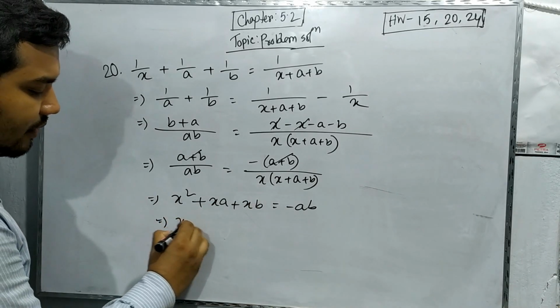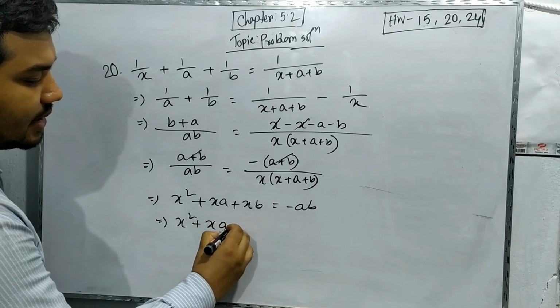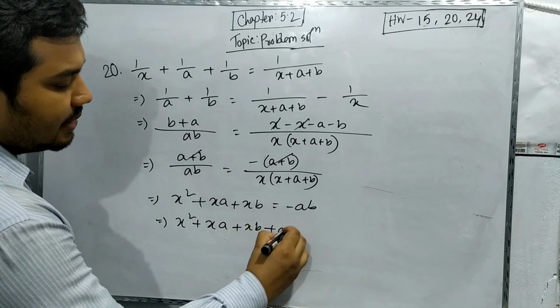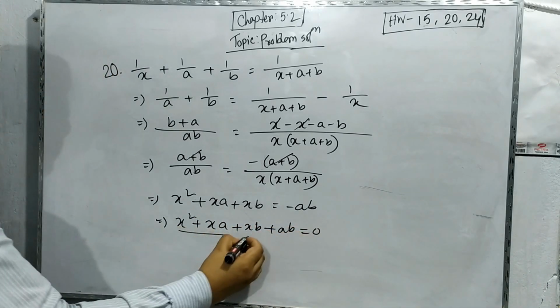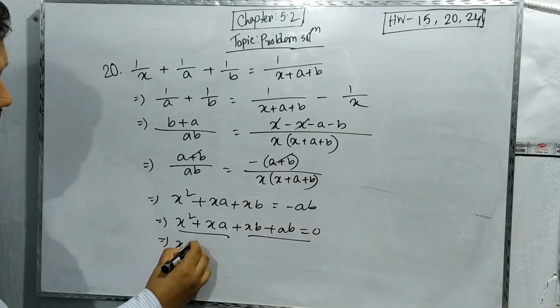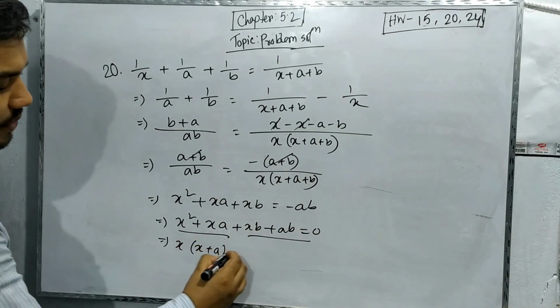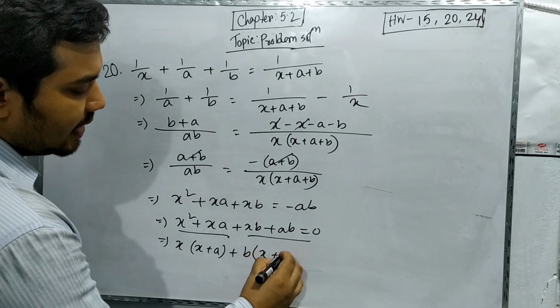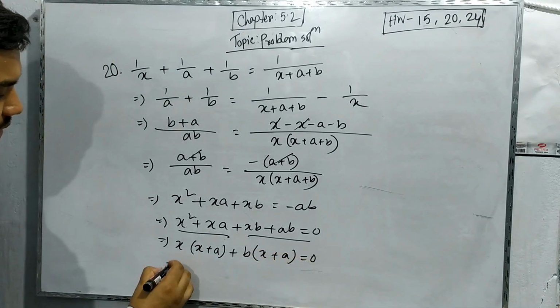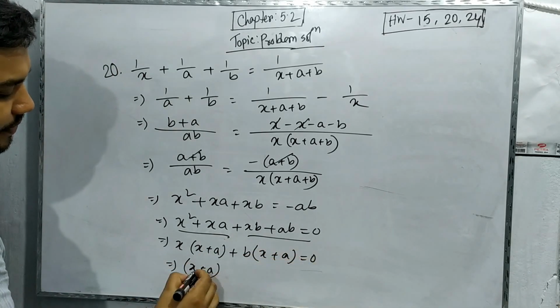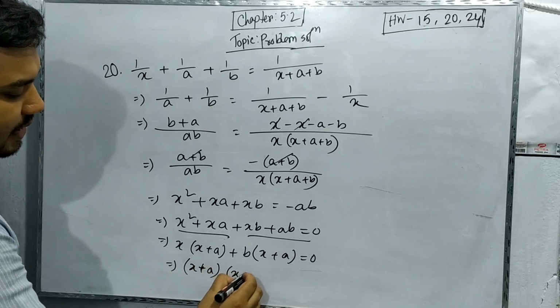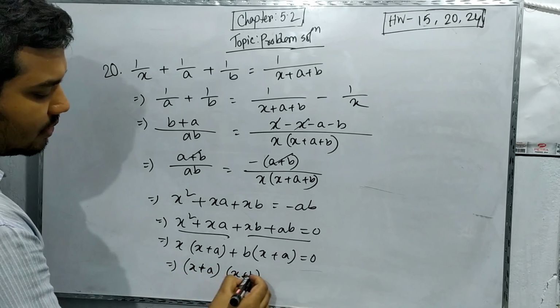Then we can write from here x square plus xa plus xb plus ab equals 0. Taking x common from these two, and a from the others, we get x plus a common. Then we can write (x plus a)(x plus b) equal to 0.